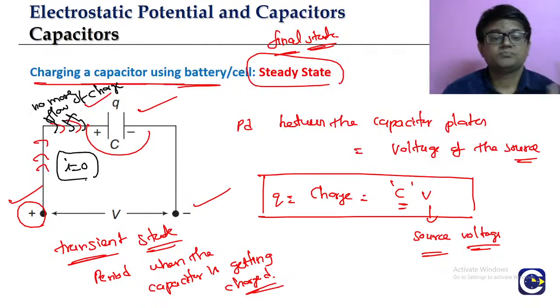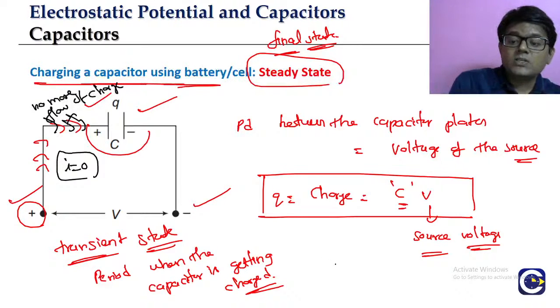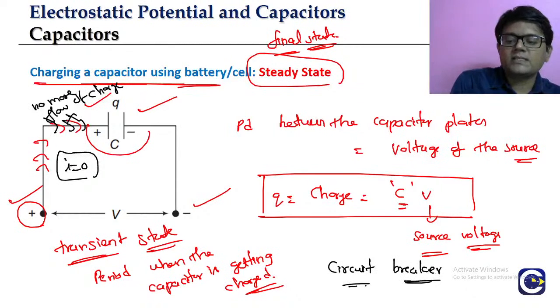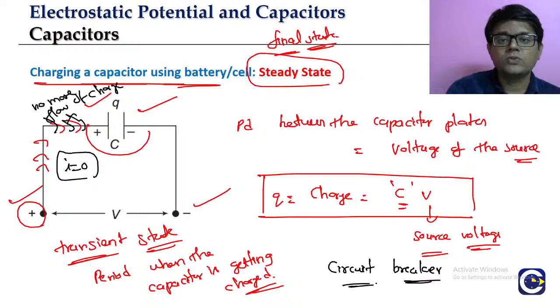Current will be zero. That is the reason we call the capacitor a circuit breaker. Once the capacitor is fully charged and no current goes through that branch, it is like a cut off. The physical connection is there, but in terms of electrical analysis no current will go through it. So it is like that branch is actually cut off.